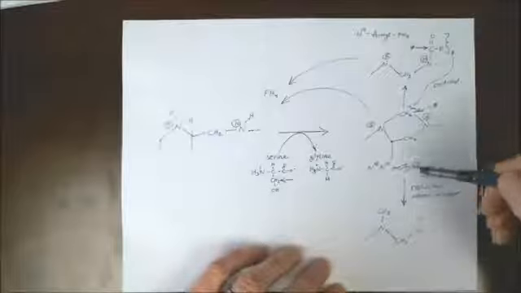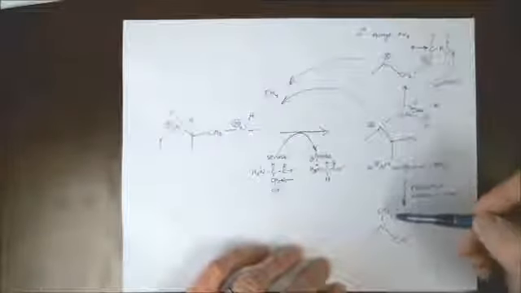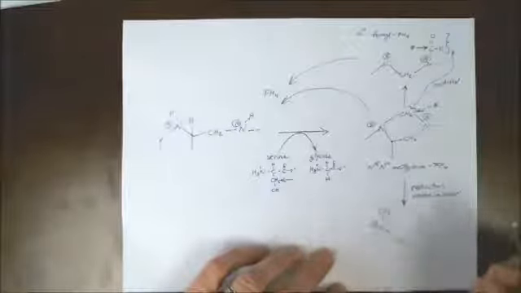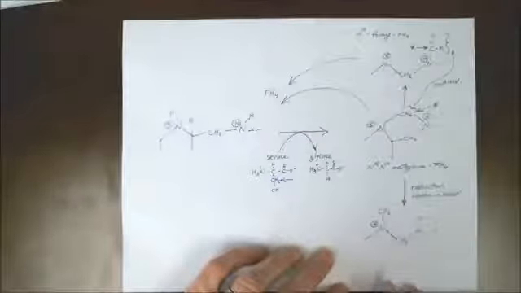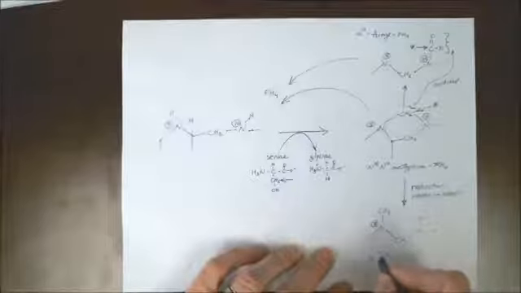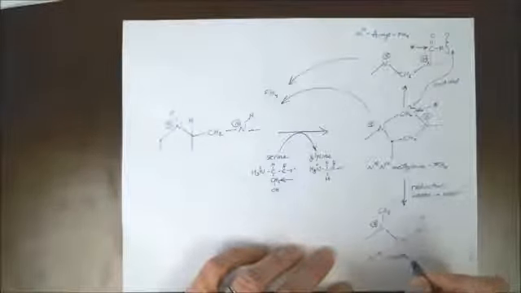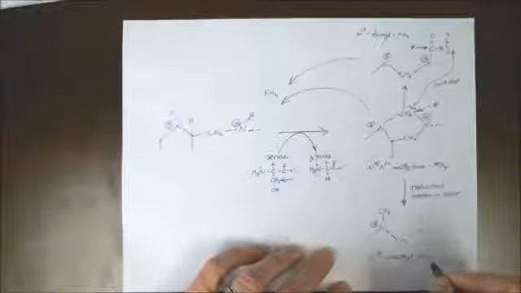So the reduction of the methylene form is going to create a methyl group on the number 5 nitrogen. So the name of this structure is N5-methyl tetrahydrofolate.